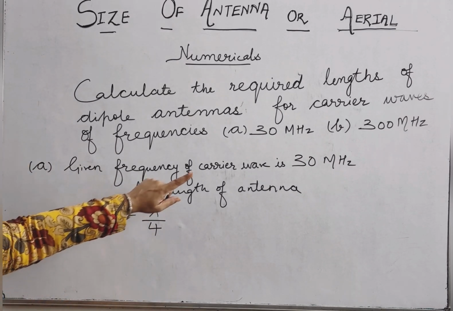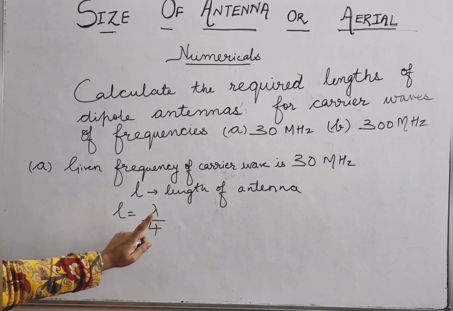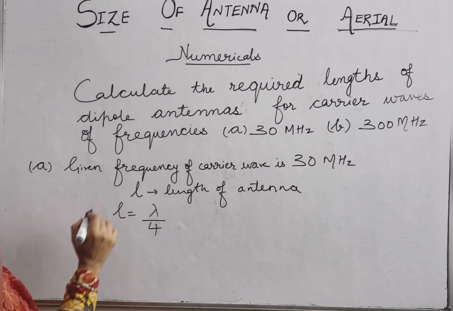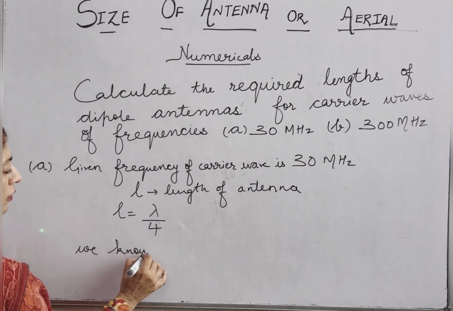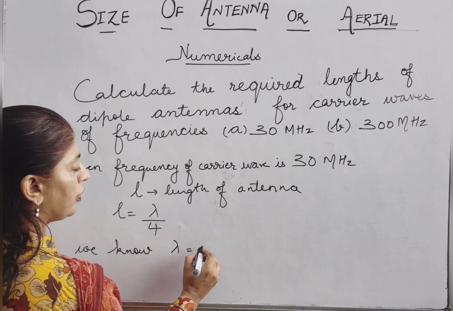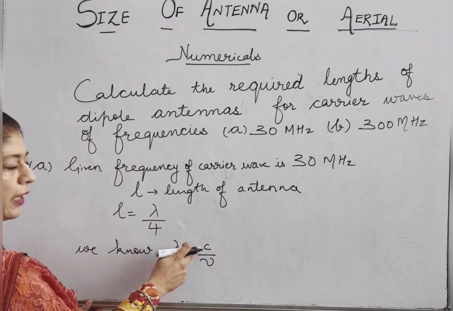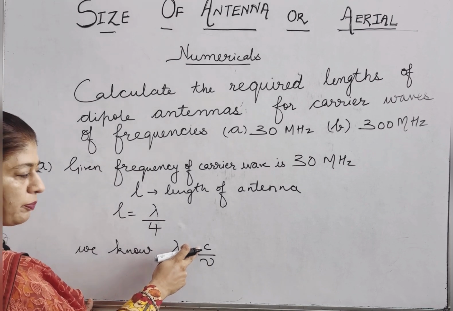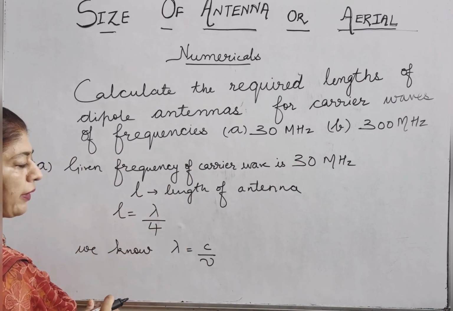We have the frequency, not the wavelength, so let us first find the wavelength. Wavelength is equal to c by nu, where c is the velocity of light, 3 into 10 power 8 meter per second, and the frequency given is 30 megahertz.